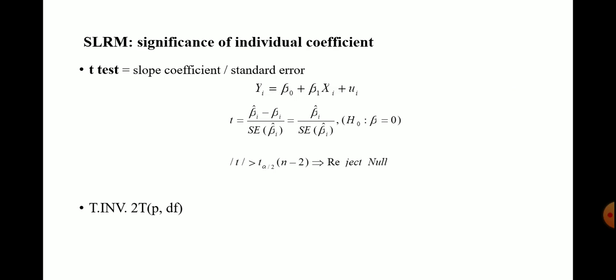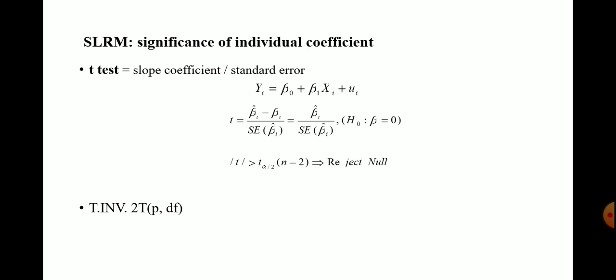Then its table value we can find from any of the t tables, or you can find it from software, and then compare. If the actual t value is greater than the table value, you reject the null hypothesis. So this is the hypothesis test using the t-test.